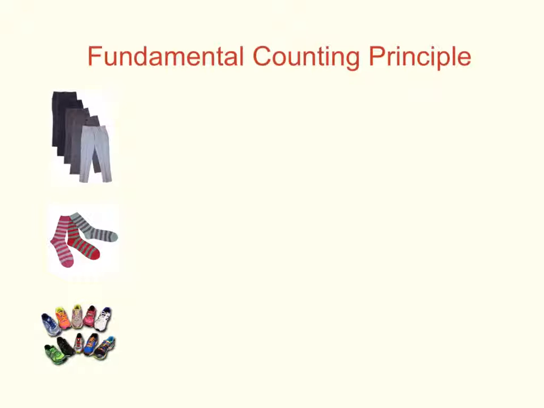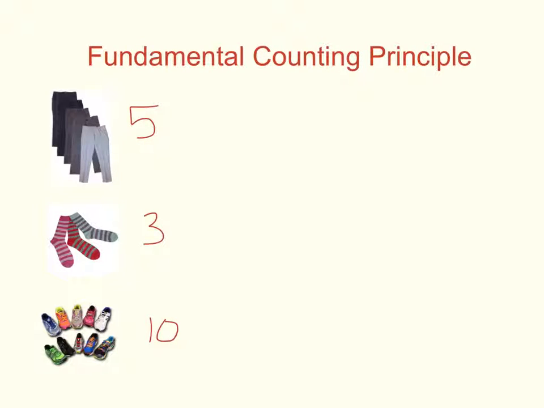So let's use the fundamental counting principle to see how many different combinations that a person could wear if they had 5 different pairs of pants, 3 different colors of socks, and 10 different types of shoes.